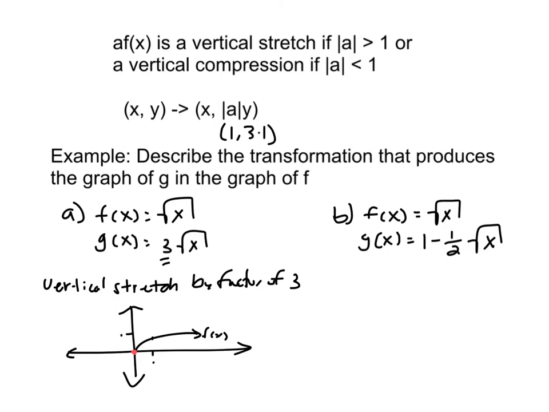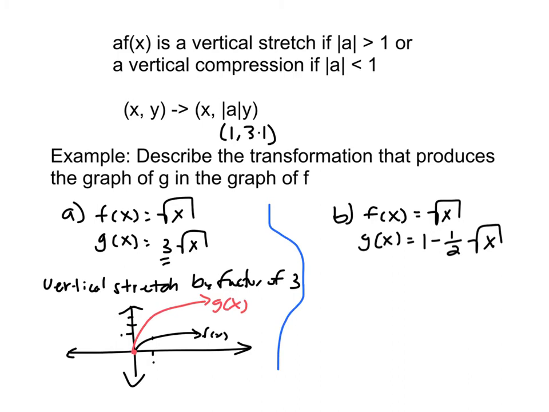Okay, so 1 and 3. 1, 2, 3. So now it's going to be up here. So g of x now is going to look something like this. So it's a vertical stretch. You're seeing the stretch happen, the stretch by a factor of 3. So this is g of x. Okay, let's do the next example.